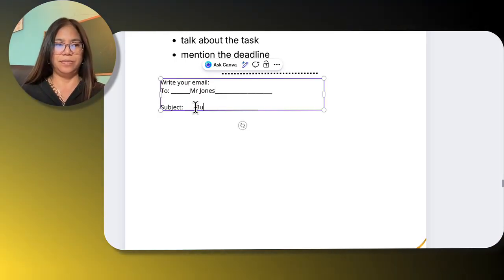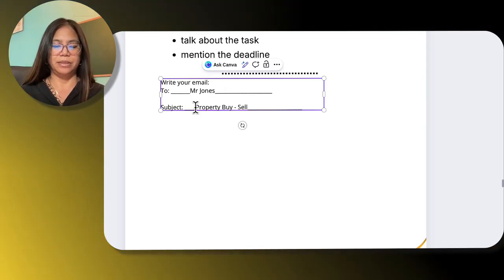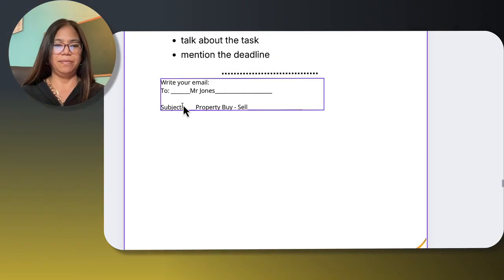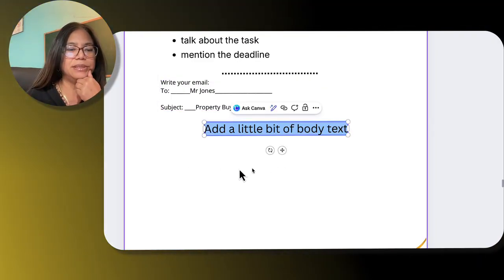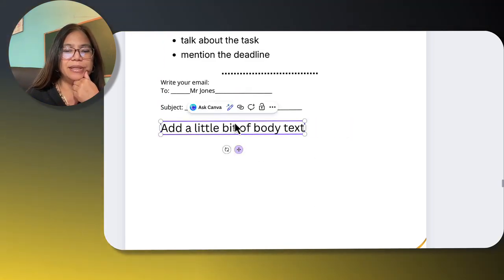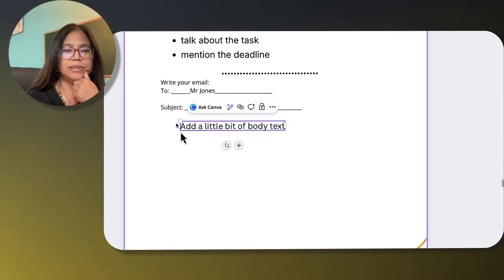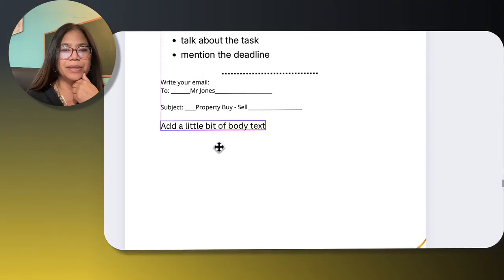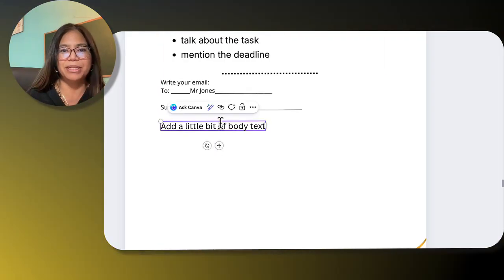Subject, let's put property buy-sell. Okay. Now we have to write here. Let me just put here: body of text. Okay, let's reduce it so it's normal size. Let's write this email together or by myself.